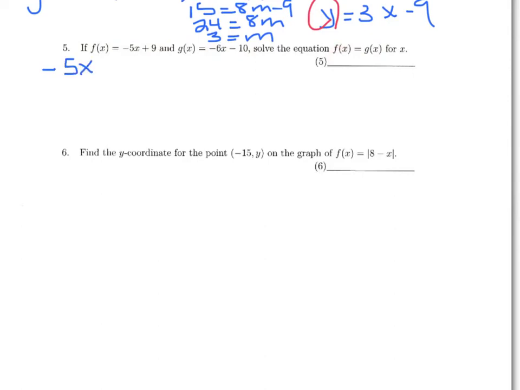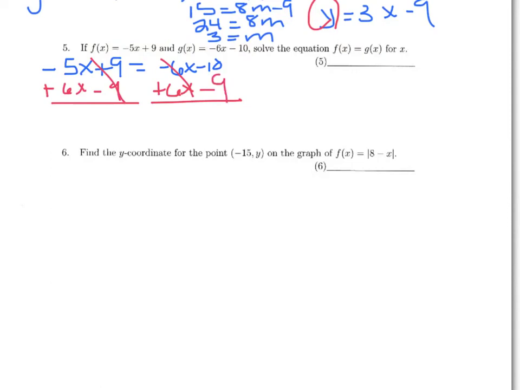Negative 5x plus 9 equals negative 6x minus 10. Add 6x to both sides. Then we're going to subtract 9 from both sides, and that gives us x equals negative 19. And that's all we were looking for, so we're done number 5.